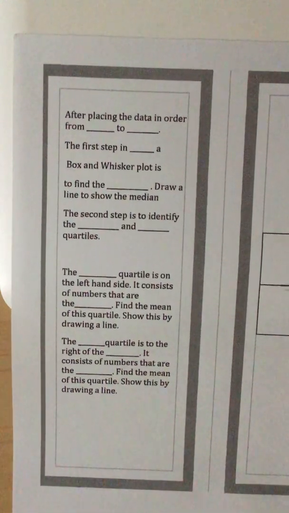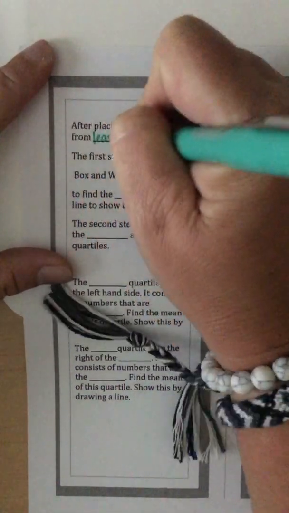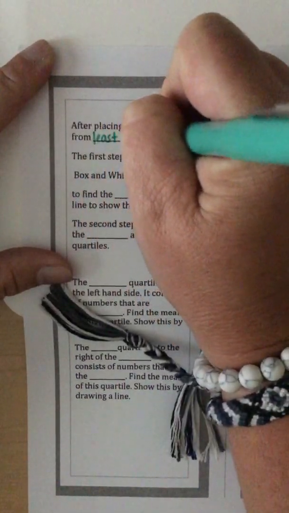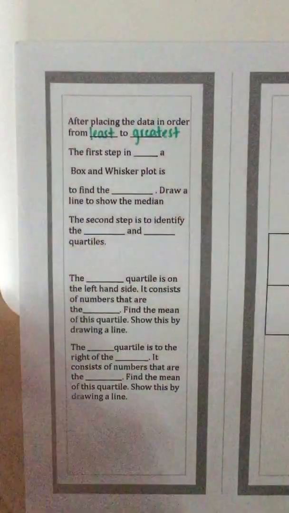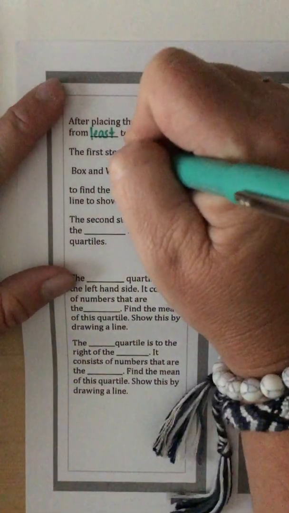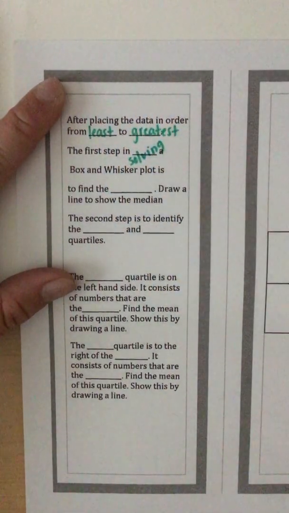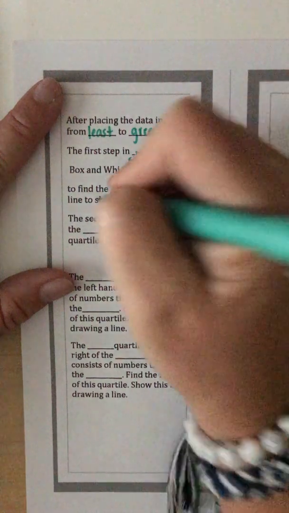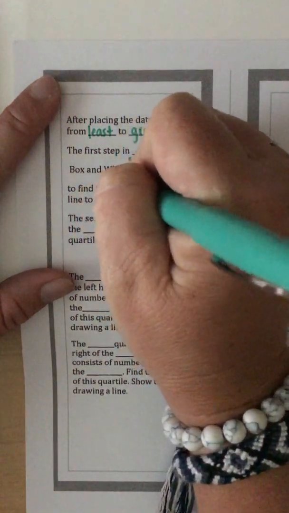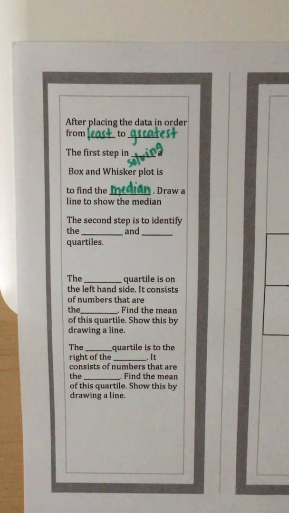All right, so it says after placing the data in order from least to greatest, the first step in solving, and I apologize, these are a little bit small, solving a box plot is to find the median. So again, the very first thing we do when we find IQR is to find the median of the data set.